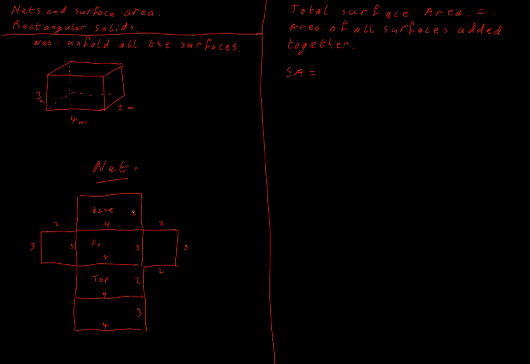So I'm going to have the area of my base is going to be length by width, is going to be 4 by 2. And the area of my base would be 4 by 2. The area of my front is going to be 4 by 3.